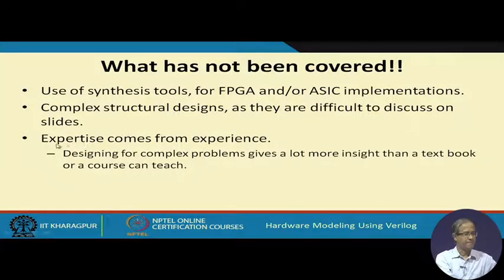So, expertise comes from experience. If you handle complex problems, this can give you a lot more insight than any textbook can teach. For example, in our last lecture we talked about pipeline implementations.